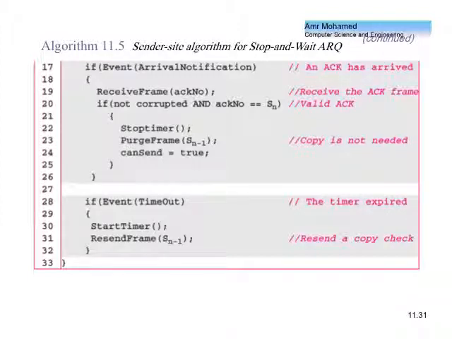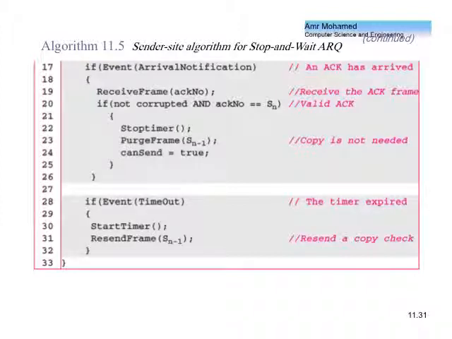I don't need it anymore, because now I have to go to the original buffer and get another brand new frame, since the current frame has arrived. And then I'll set can send to true, which means that I'm clear and I can send one more packet next time I receive the request to send.